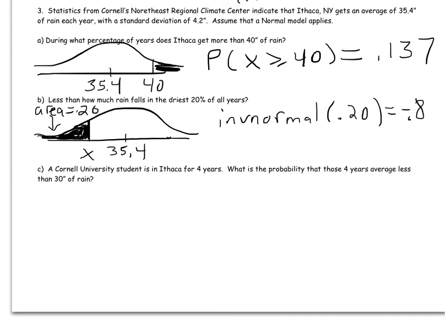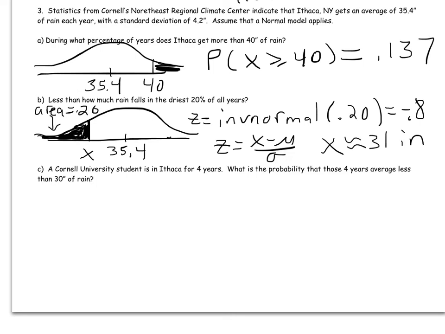That's the z-score, and then I use the fact that z equals x minus mu over sigma. So now at this point you know z, you know sigma, you know mu, you solve for x, and you get that x is about 31 inches of rain. Just ballparking this real quick.